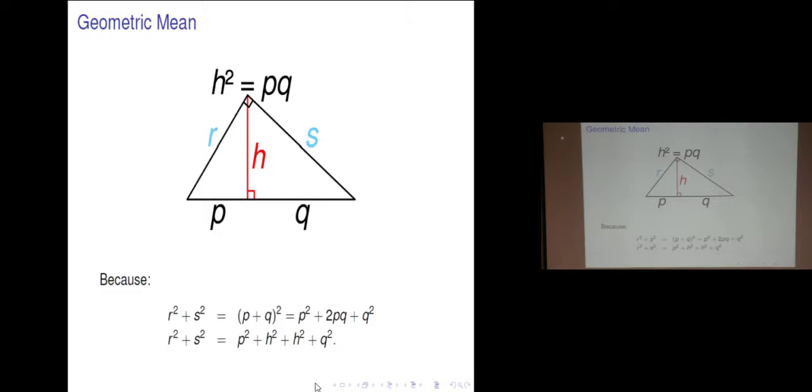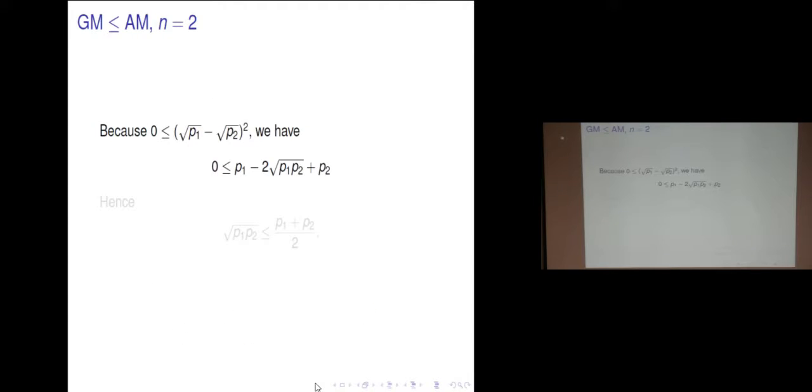From the center to this point is a radius, and the radius is bigger than H because this is a right-angled triangle. So this line is bigger than this one. From the picture, it's quite clear. Let's do some calculation; it's also very clear.